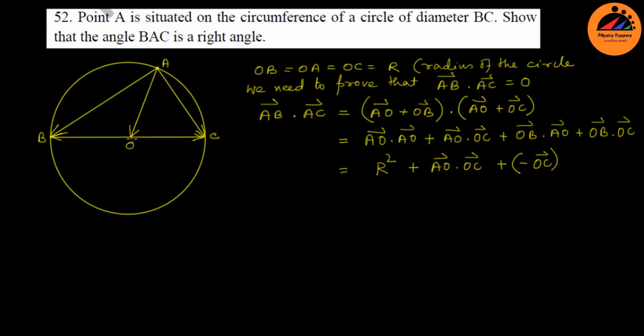You understand that OB is O to B and OC is O to C, so they are opposite. The magnitudes are the same, both are R. So this is minus OC dot AO, right? Let me mention explicitly, this green term is this green term. This orange term is this orange term. This pink term is this pink term. And the last term.